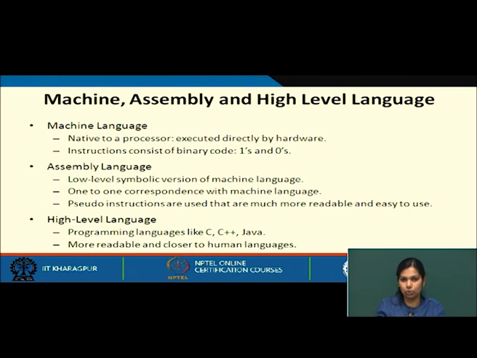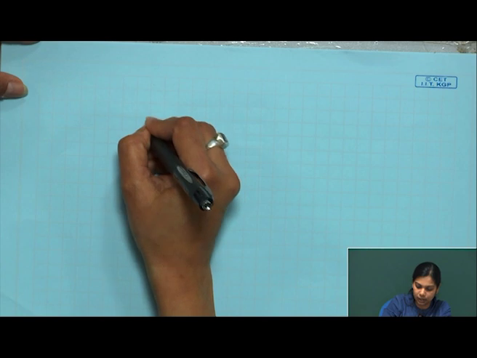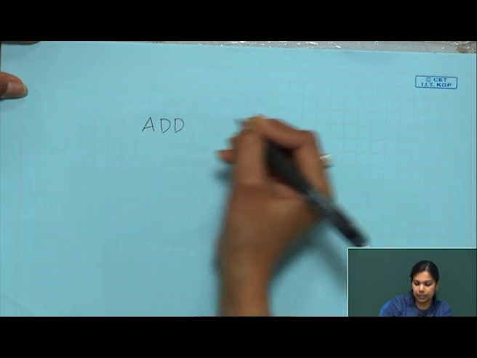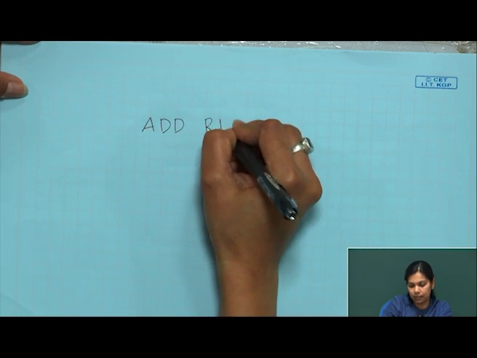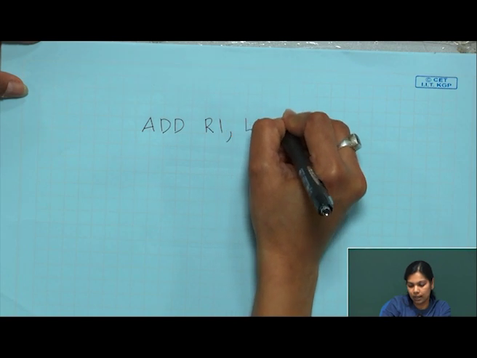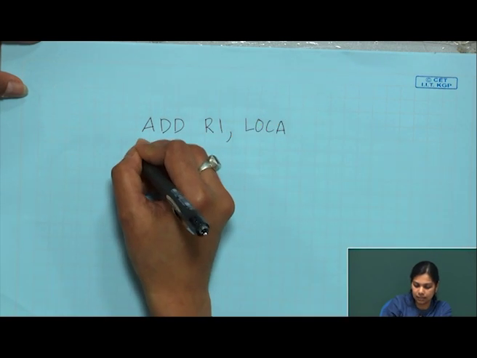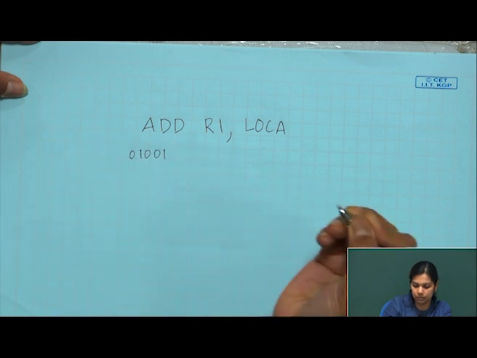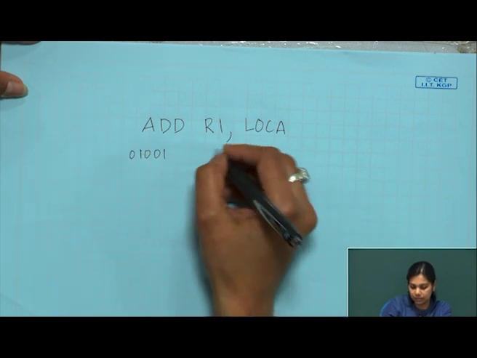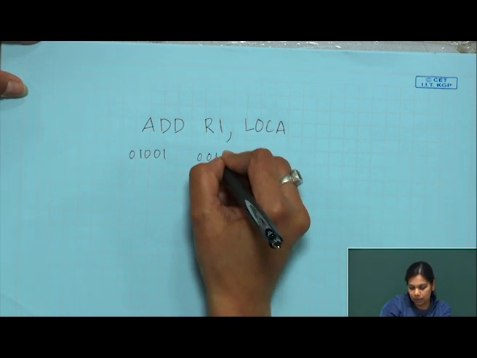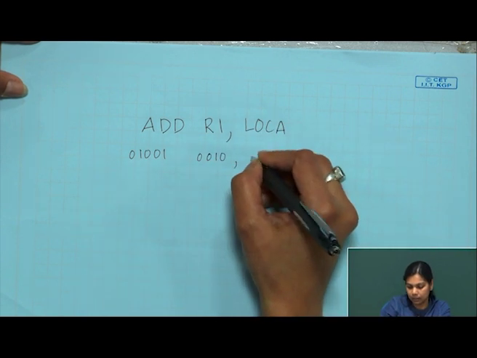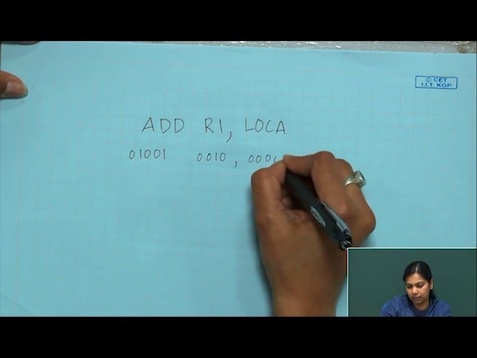I have talked about this, if you remember, that let us say this is my instruction. Again, I take the same example, add R1 comma LOC A, and as I said, this can be 1001, 5-bit, this can be a 4-bit number, and this can be, let us say, a 12-bit number.